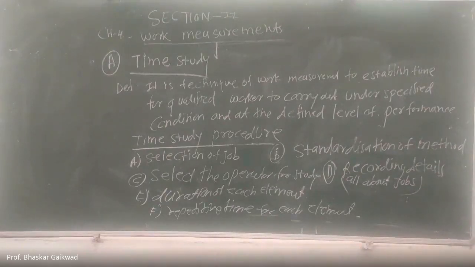And after this, convert the observed times into normal times. Whatever observed time is there, we have to convert into normal time. So how to calculate the observed time and normal time? Observed time we can calculate with the time study. For normal time, here I will write the formula.